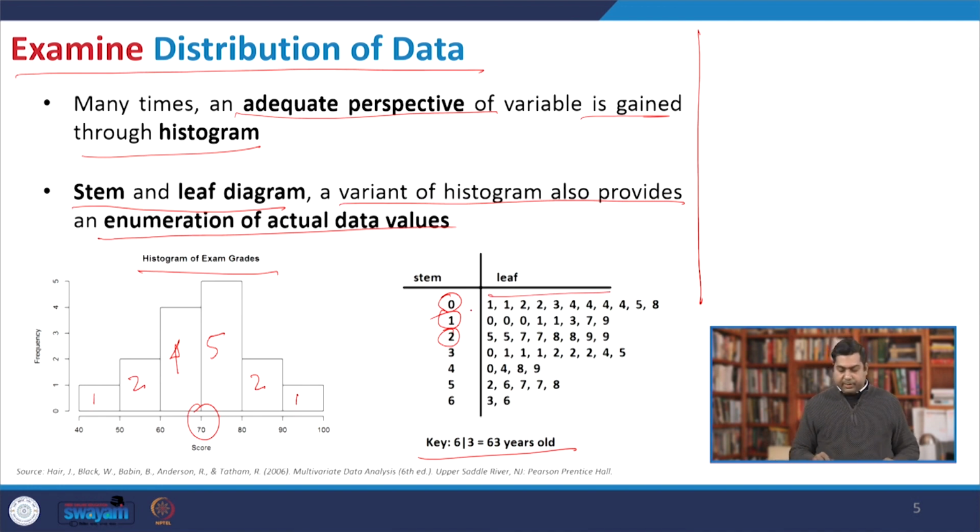So, here there is a value 1, there is another value 1, then there are 2 values of 2, then 1 3 and then you have 4 values of 4, 1 5 and 8.